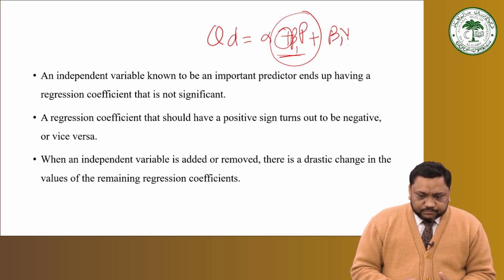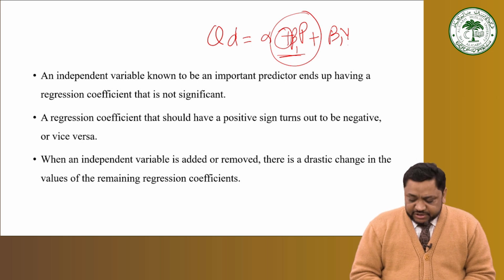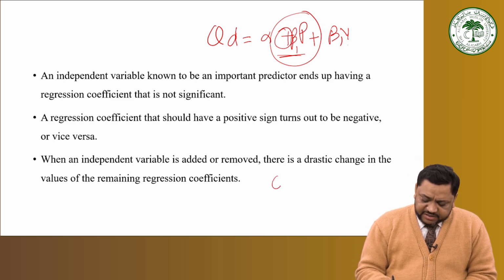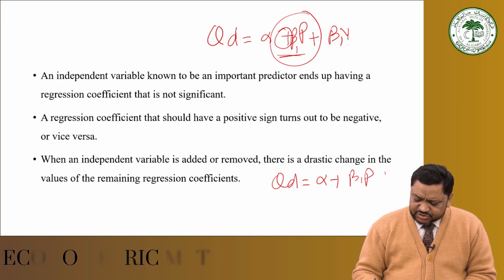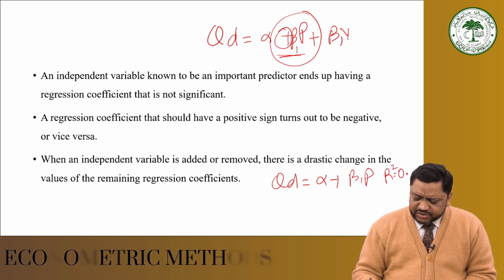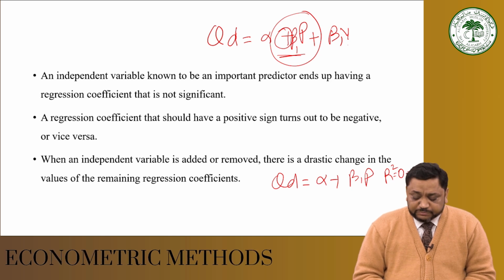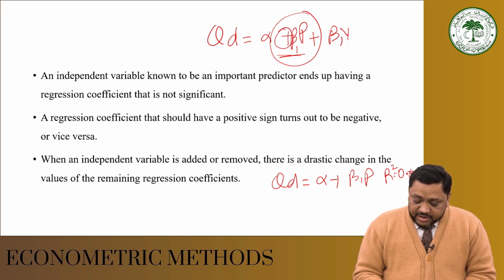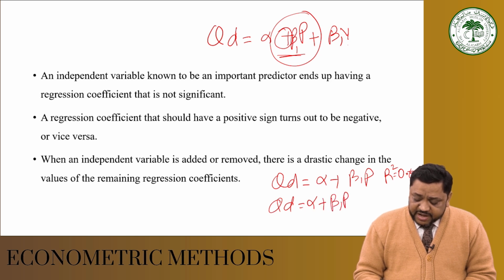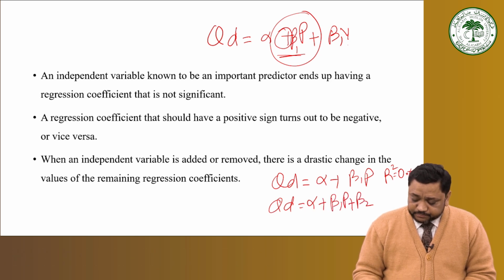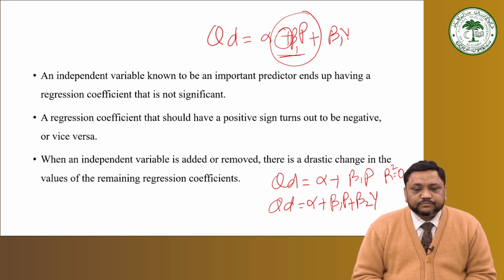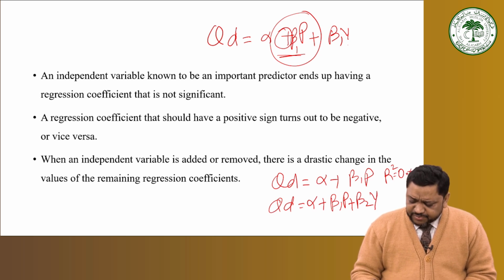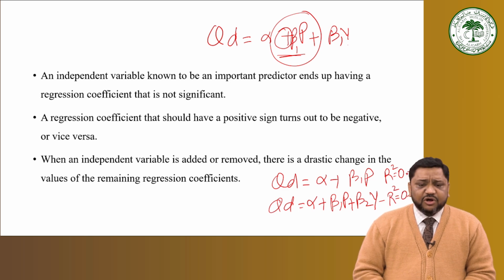Also, see, if you have just taken a relationship like this, quantity demanded is equal to alpha plus beta 1 price, and R square is, say, a hypothetical value 0.60. Now, quantity demanded is equal to alpha plus beta 1 price plus beta 2 income. When we add one more variable, R square increases. It's a normal thing.